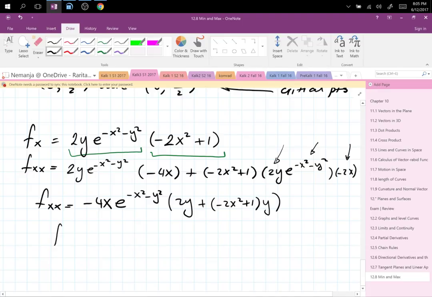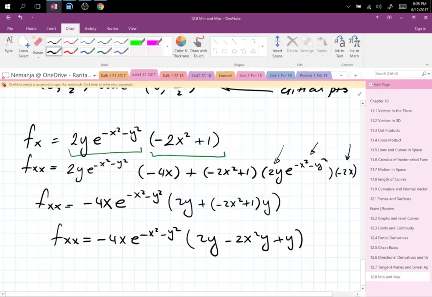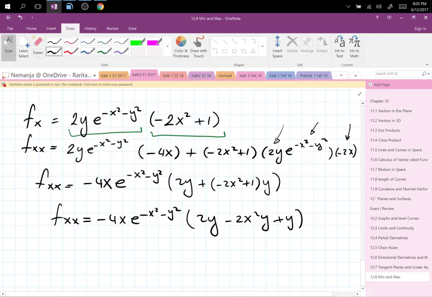So now we can simplify in the parenthesis. You see that this plus y would create 3y over here, and we can kick that y outside.